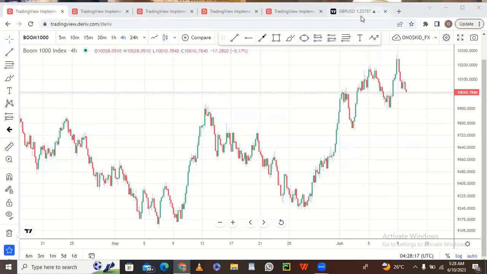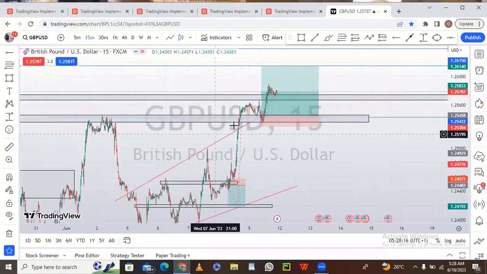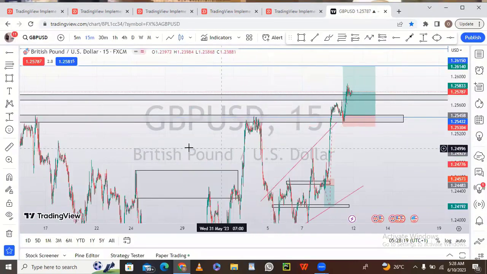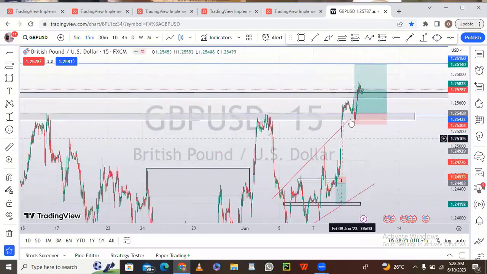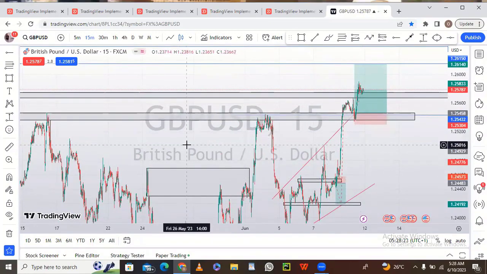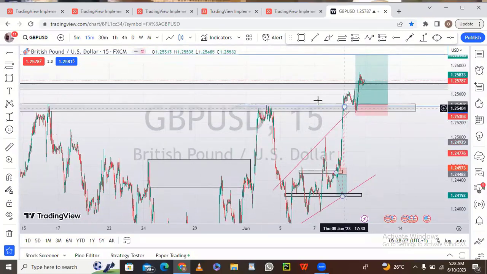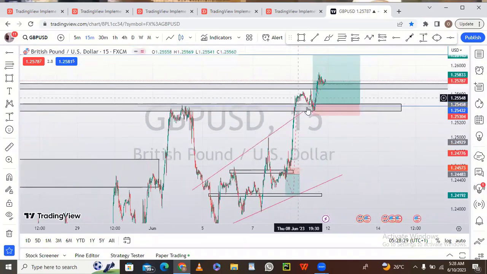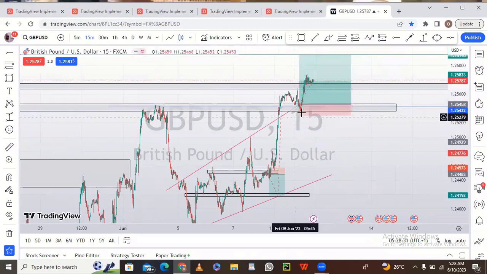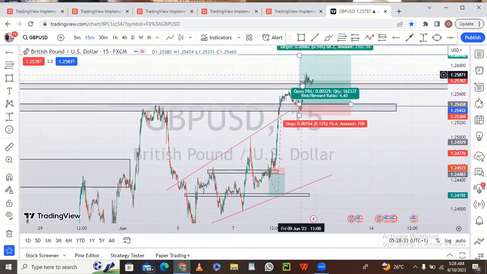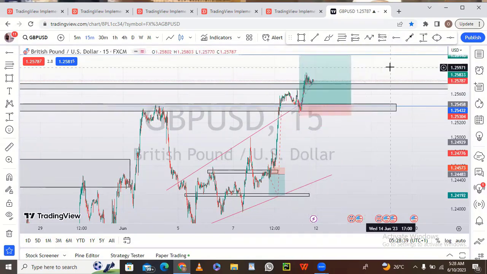Okay, so these are the ones I took yesterday. I woke up very early in the morning to mark my zones where I'm thinking that the market will retest. So I was able to spot the market here, and then I made an entry from here, and I had to close around this region because yesterday was Friday and I wouldn't want the trade to continue over the weekend, so I had to take my trade.